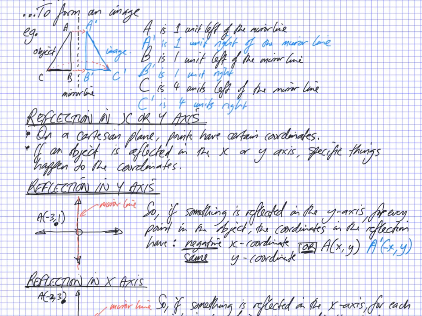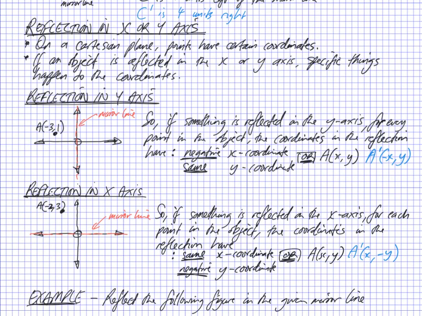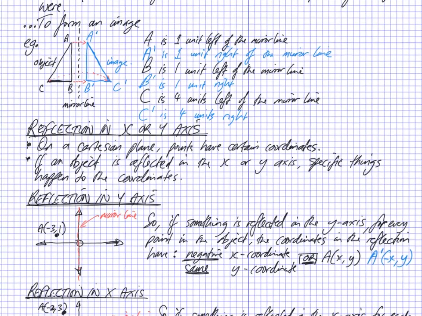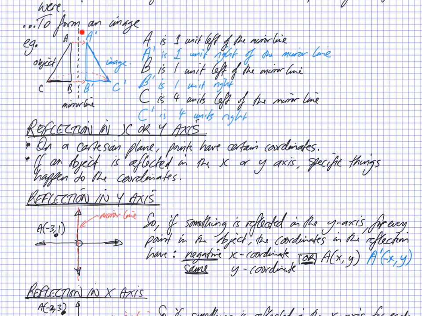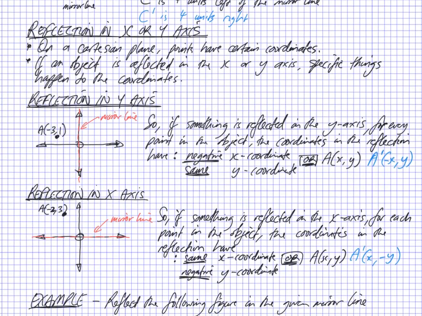Okay? Now you've got a special case here of reflection. That mirror line in the previous diagram was just anywhere. It was just based on the grid dots. It was just a vertical line there. But if you put things on a Cartesian plane, some of your questions are going to be doing reflections in a Cartesian plane, where the points have certain coordinates.